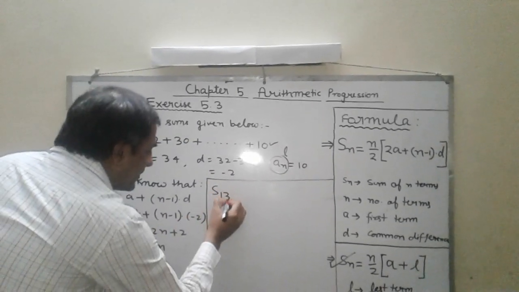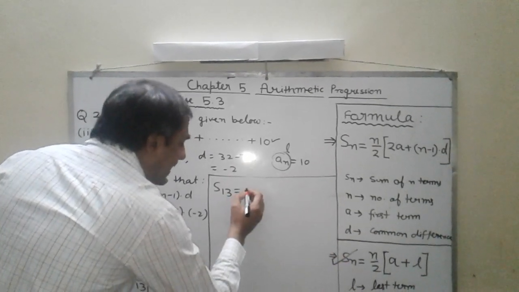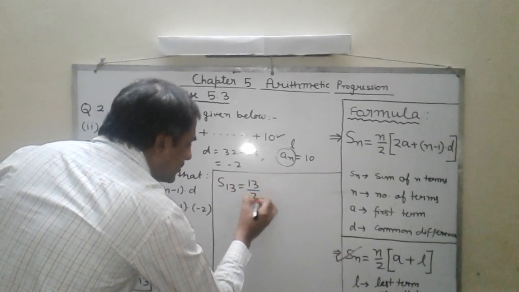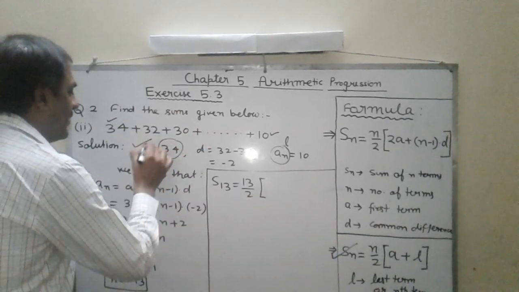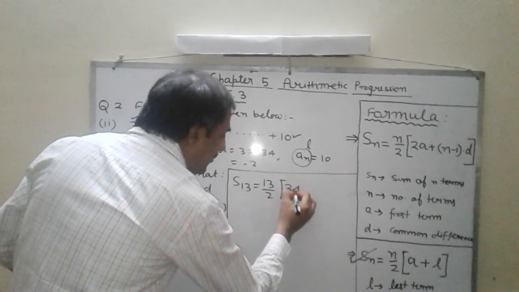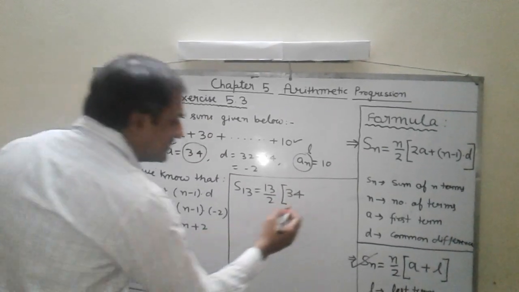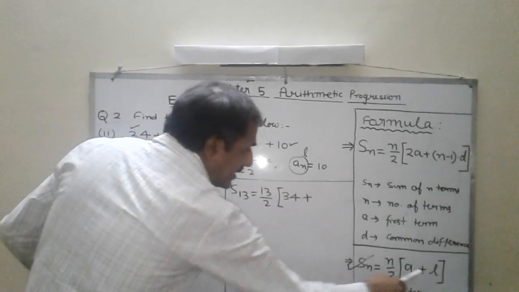S13. The value of n is 13. S13 is equal to 13 upon 2. The first term is what? The first term is 34. The value of a is 34. 34 plus the value of l.